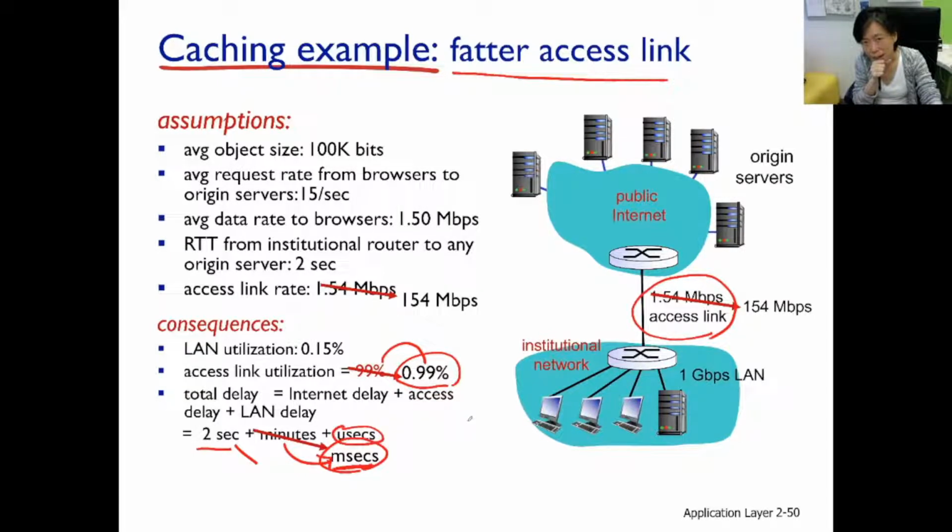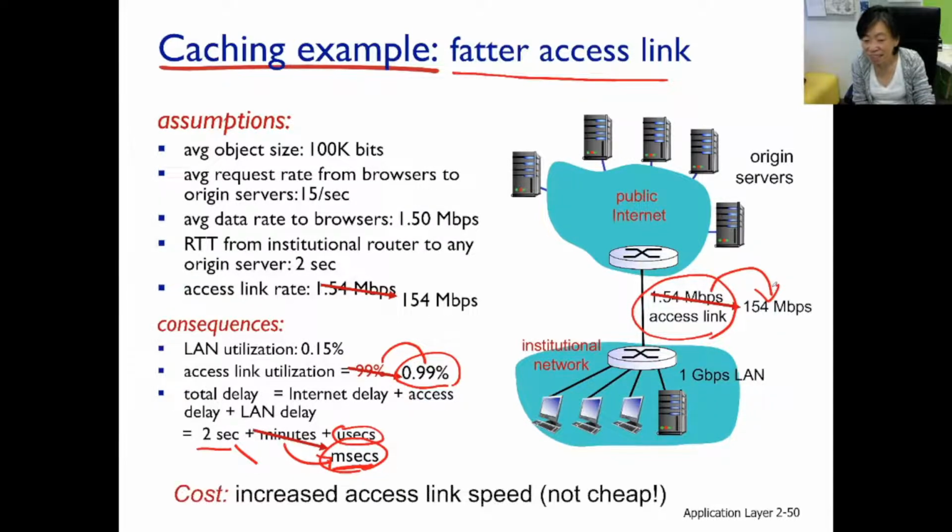Is there any catch? If you think about it, hey, bringing the access link capacity up 100 times, that is actually not cheap. So increasing access link speed, no, not cheap. You need to purchase the new cables, of course, but you might also need to do groundwork.